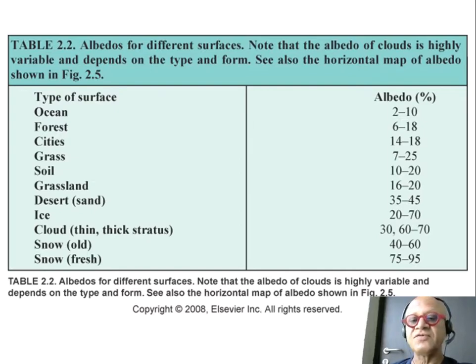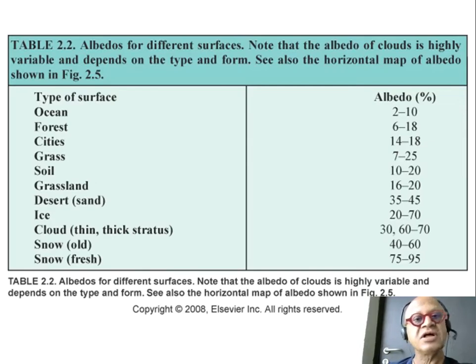Ice is very bright, 20 to 70% albedo, which means up to 70% of the solar energy may be reflected back to space. This is obviously important because ice forms when it's cold, and if it loses a lot of the energy, it has the potential to make it even colder by losing most of the energy back to space.